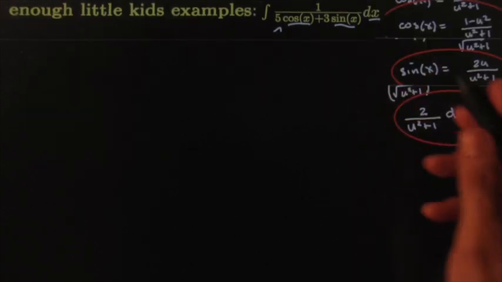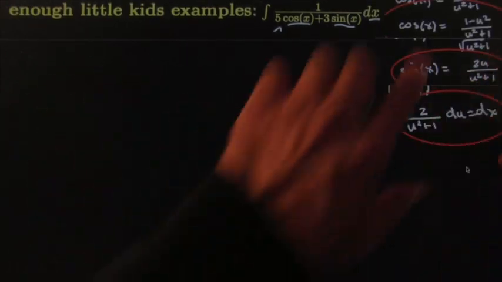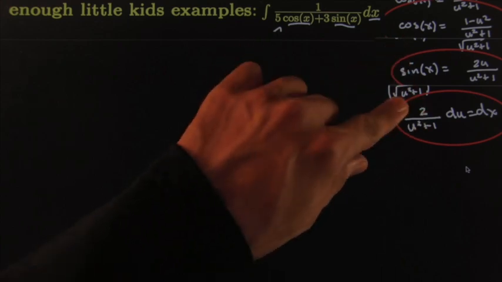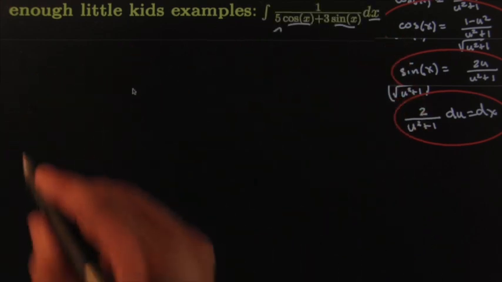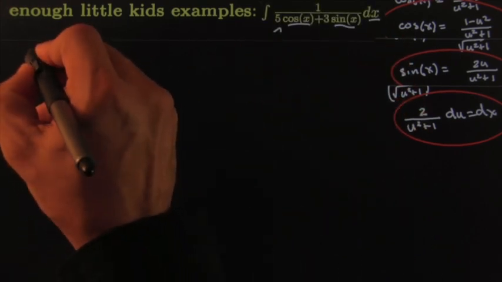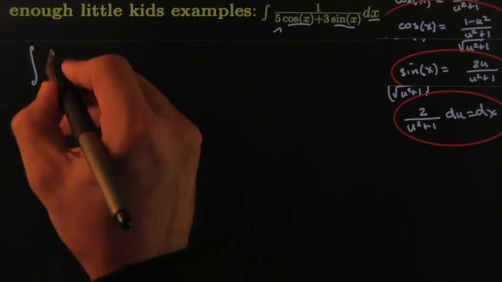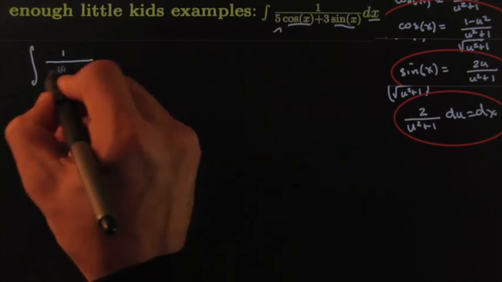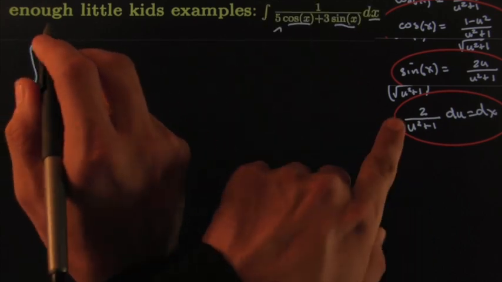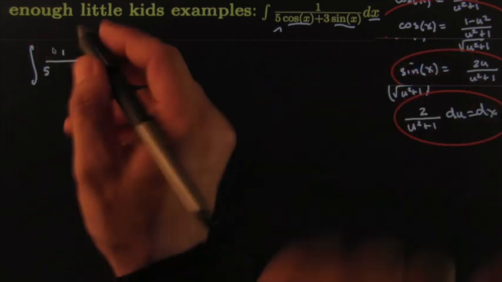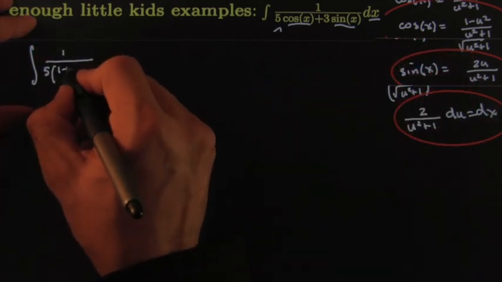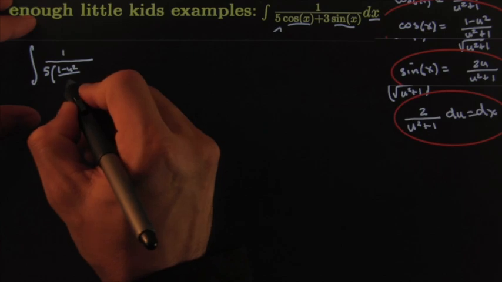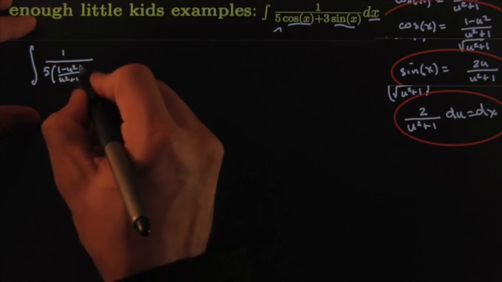Alright, so I cut and pasted on a clean page so that we could just remember our work from the dictionary. So I go here, and this becomes the integral. I'm going to do the translation here. It becomes 1 over 5 times cosine of x. For cosine of x, I'm looking here. That would be 1 minus u squared all over u squared plus 1.